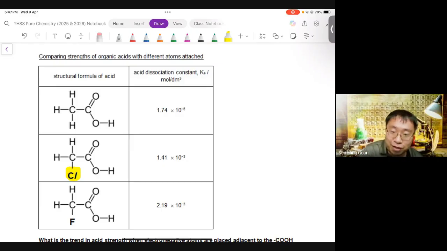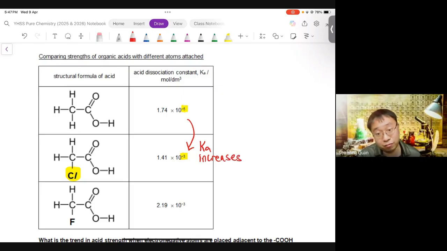But the wonders of chemistry tells you there is an impact, because the Ka has immediately become 10 to the power of -3. So you can clearly see the Ka increased. When you substituted the hydrogen for chlorine, the Ka increased, and it's increasing by 100 times. 10 to the power of -5 to 10 to the power of -3 is 100 times increase, actually.